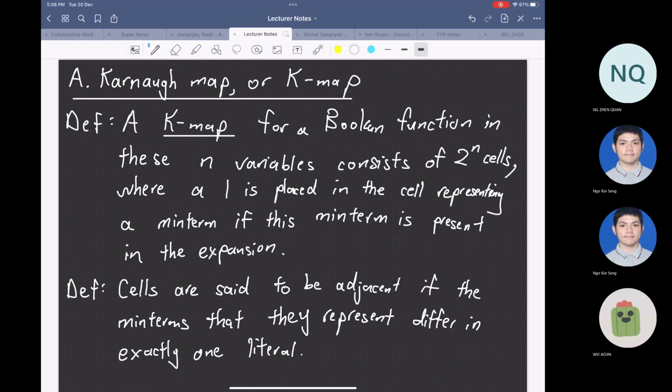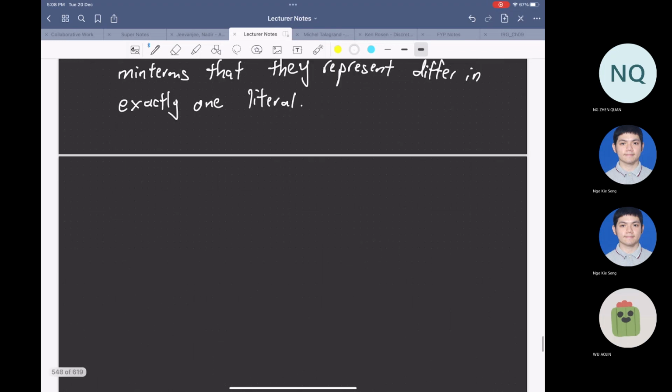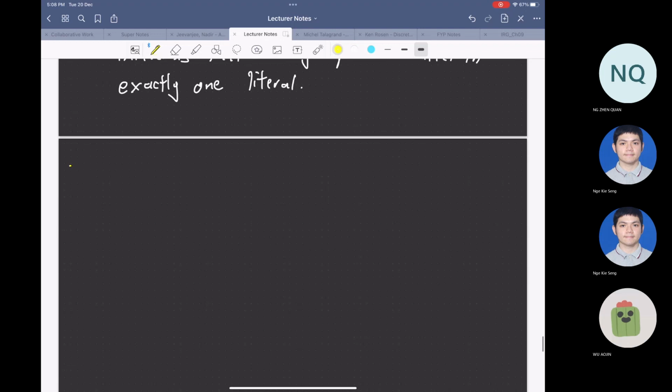Let's see an example of a K-map. We need to start with one function, for example x y bar plus x bar y plus x bar y bar. How many variables do we have here?